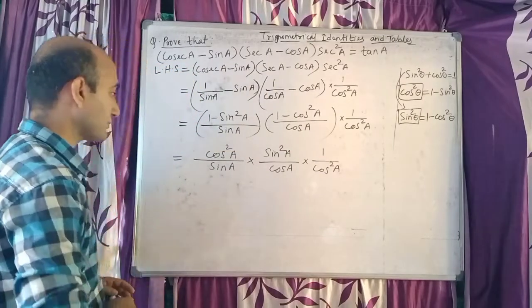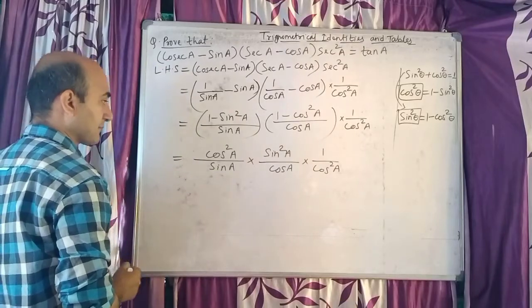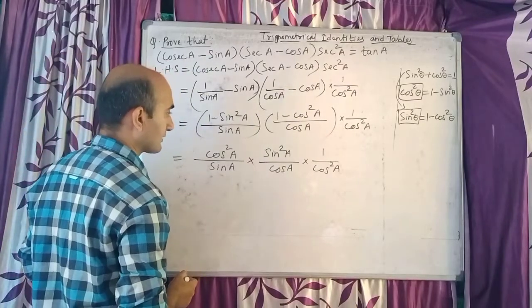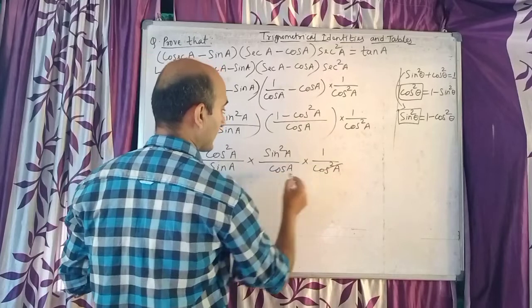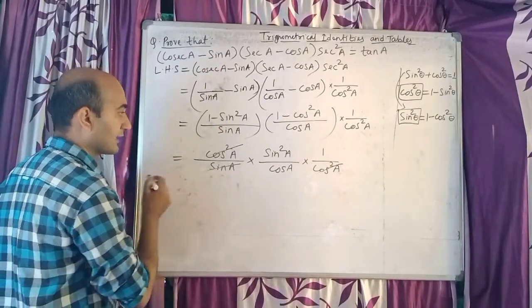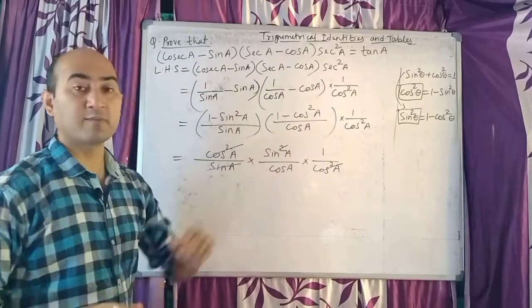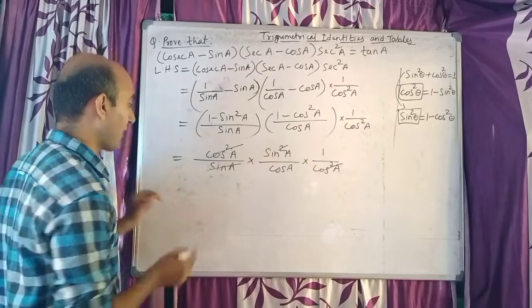Now children, they are in the multiplication form, so we can cancel them. Now very easy, children. This is cos square A, this is also cos square A. We can cancel. Here sin A and this is sin square A. So the square will be removed, only sin A will remain. So what is our final answer, children?